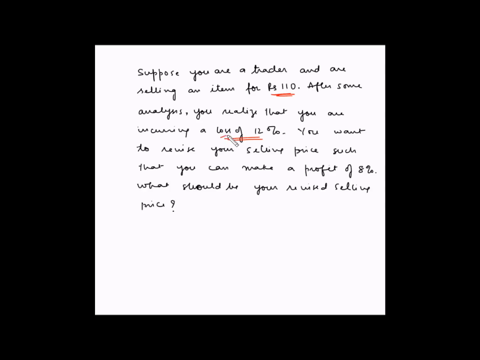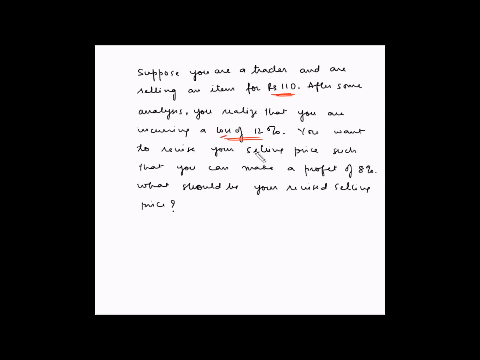Now you're making a loss, so what that means is that the cost price is larger than the selling price, and the cost price is larger than the selling price by an amount equal to 12% of the cost price, or the price at which you bought that item.